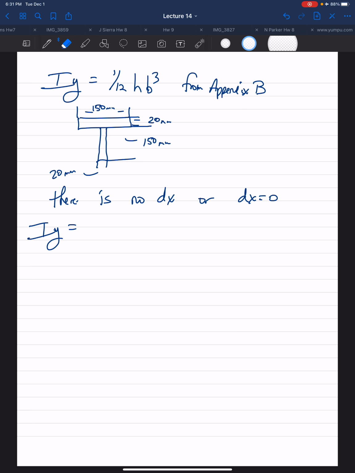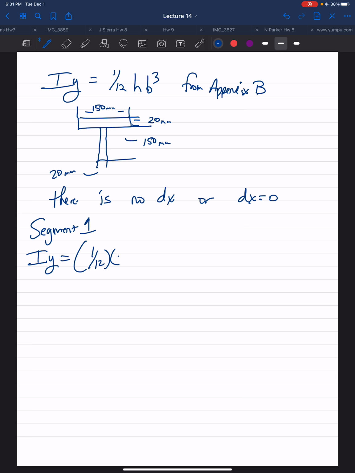So then our parallel axis simplifies to simply, we'll do it this way. So for segment 1, our I sub y is simply 1/12 the height for segment 1, which is 20 millimeters, times base cubed, base being the width, so it's 150 millimeters cubed.